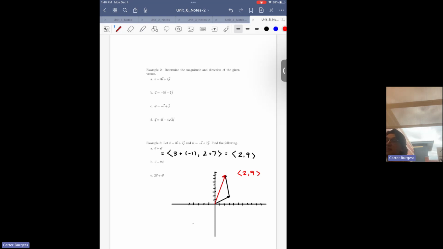And we can think about them as starting from where the last one stopped. You could continue that idea if we wanted to add more vectors. You would just continue picking up where the last one left off over and over again. Your final result would be the start of your first vector to the end of your last vector.